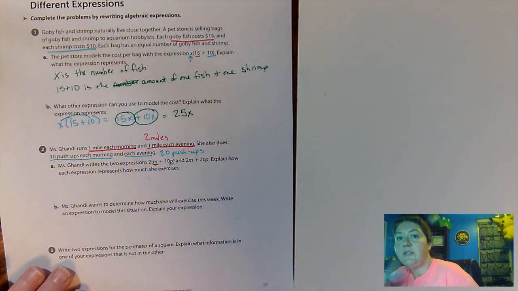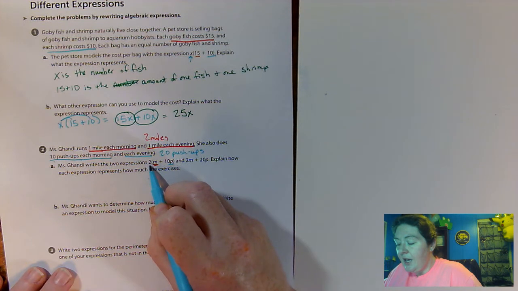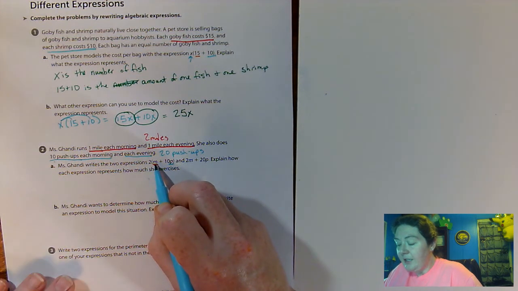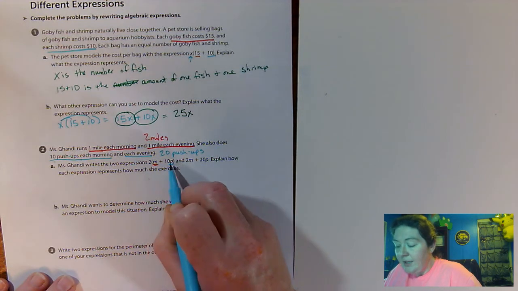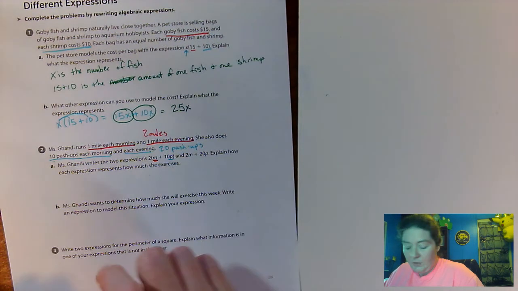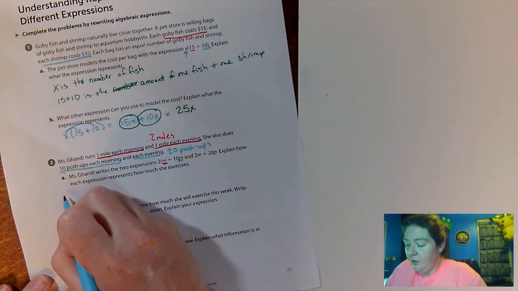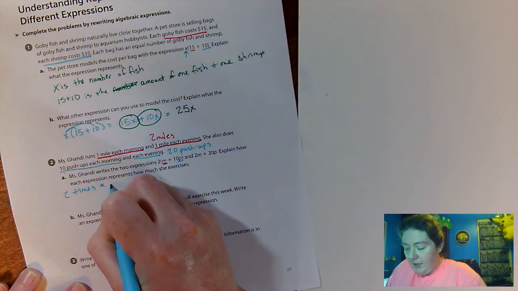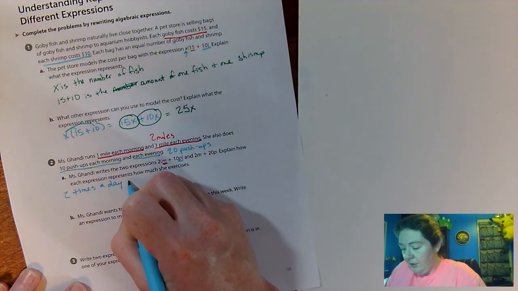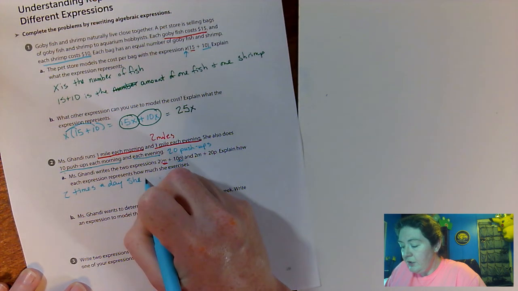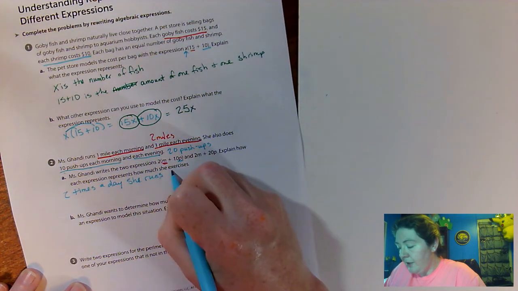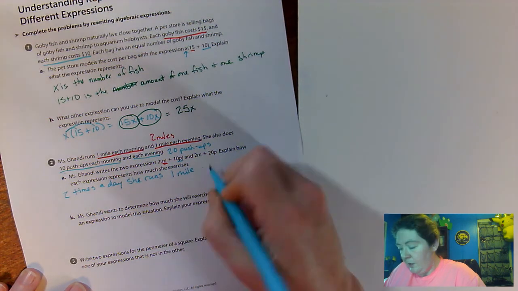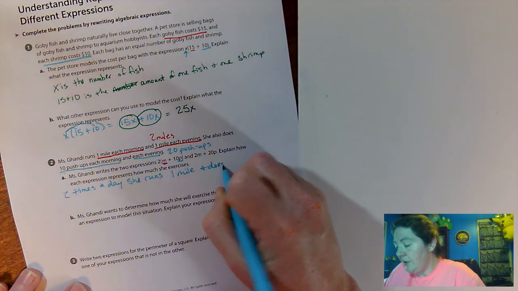So if I take 2, showing that she has 2 rounds of workout every day, a morning set and an afternoon set, and I multiply that by M for 1 mile each time and 10 push-ups each time, that's going to tell me 2 times a day she runs 1 mile and does 10 push-ups.